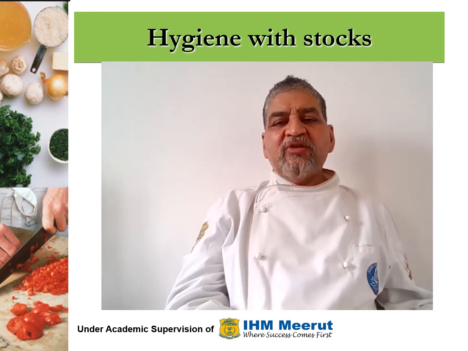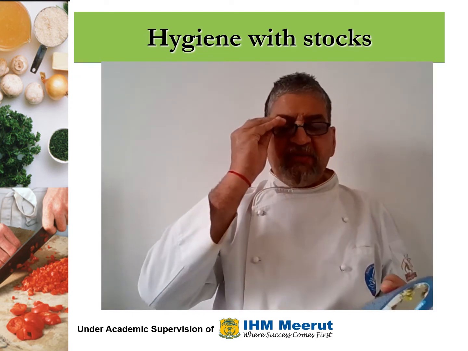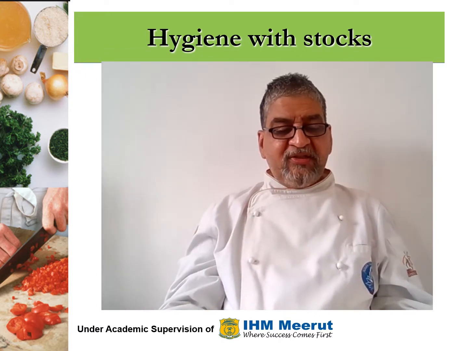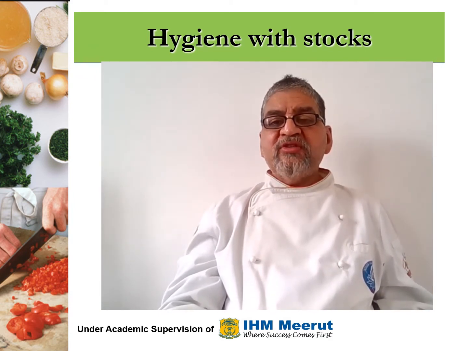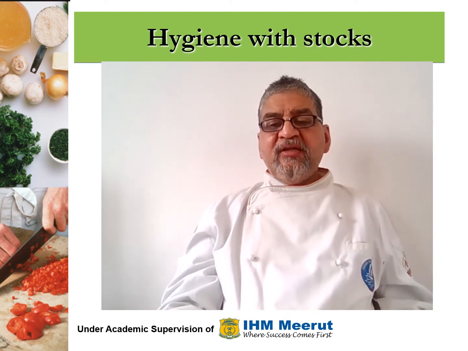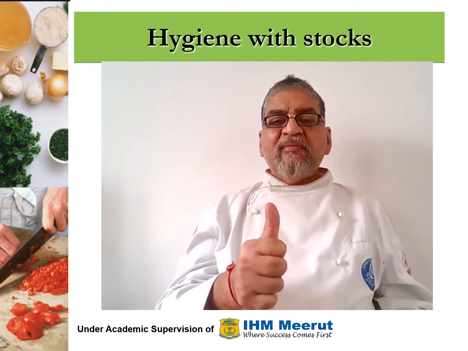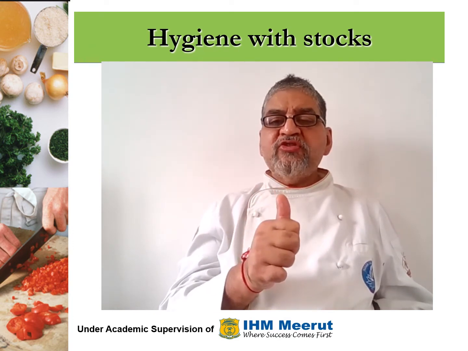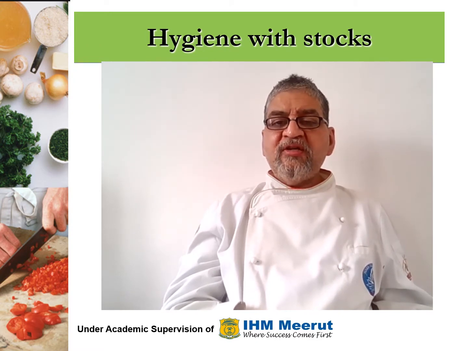The other thing about stocks which I need to mention from my book Simply Cooking Theory and Principles is the duration of cooking. Now, all bones are different in nature. As a thumb rule, I would say that fish bones should be cooked for not more than 20 minutes in the stock.